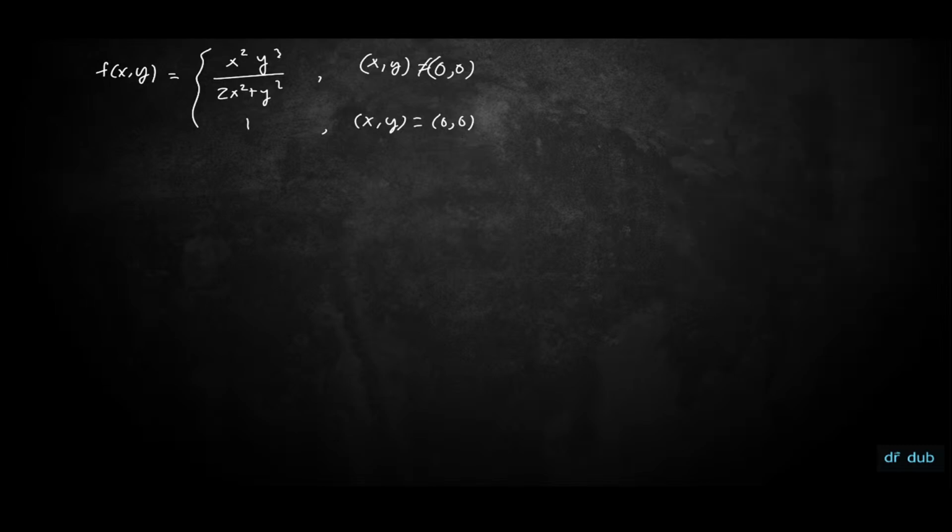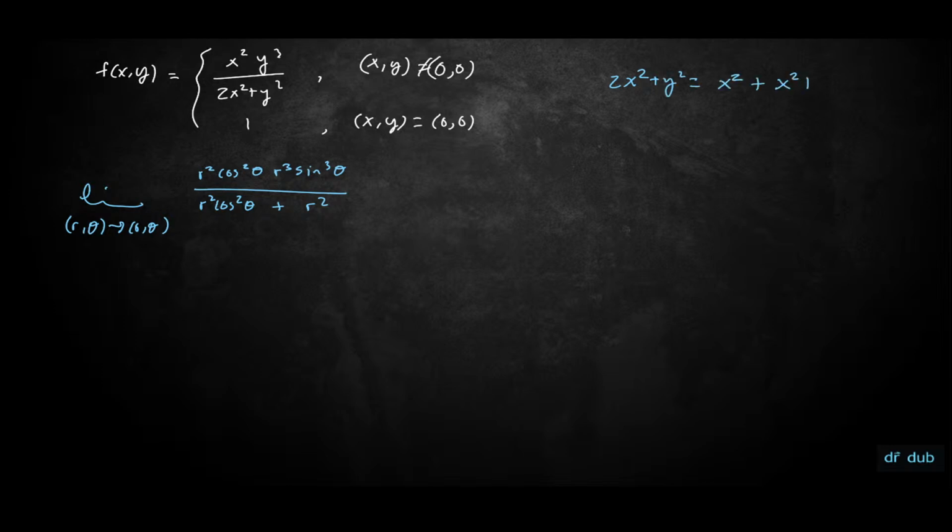So then basically everything else is the same, but now we just have to do the limit as (r, theta) goes to (0, theta) of r squared cosine squared theta, r cubed sine cubed theta, over, let's rewrite it this way, r squared cosine squared theta plus r squared, because 2x squared plus y squared is equal to x squared plus x squared plus y squared.